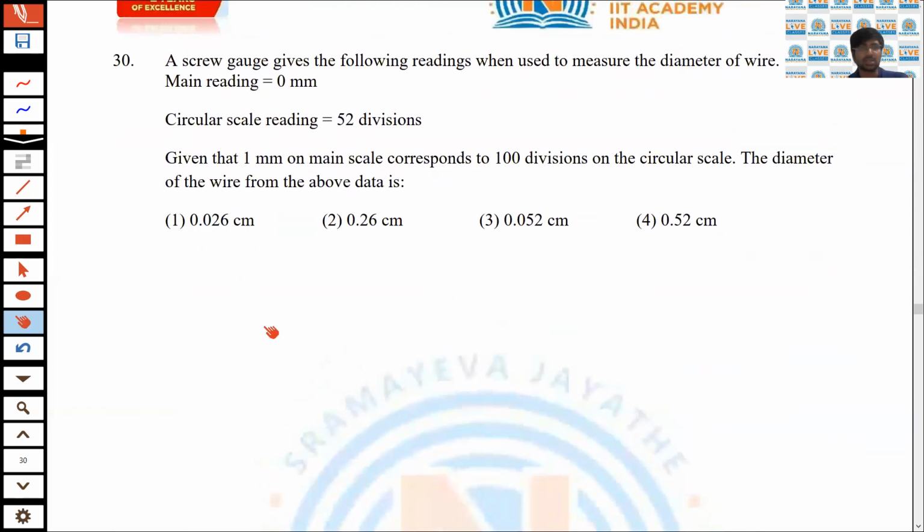Now question number 30. A screw gauge gives the following readings when used to measure the diameter of a wire. Main scale reading is 2 millimeters and the circular scale reading is 52 divisions. Now the reading becomes 0 millimeter multiplied by the least count of the main scale plus 52 divisions multiplied by the least count of the circular scale.